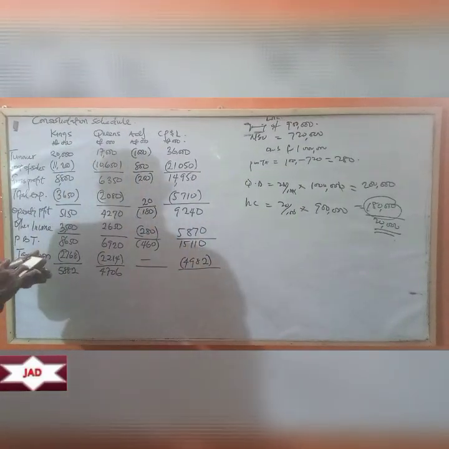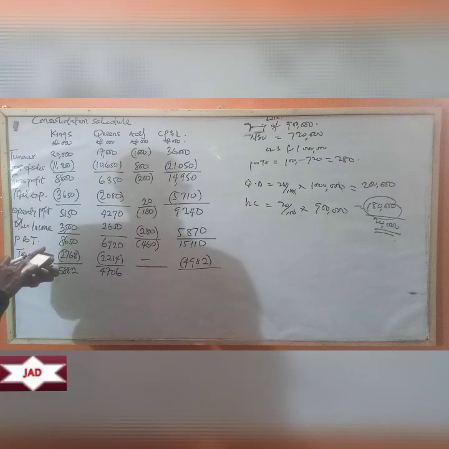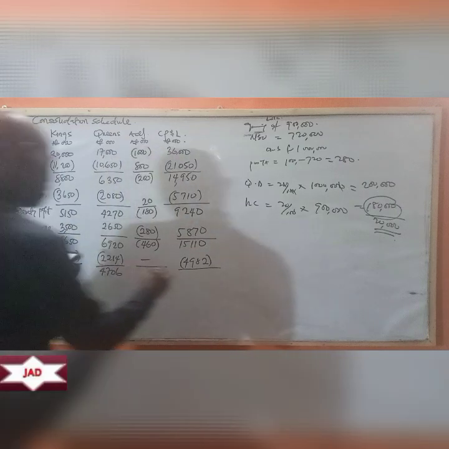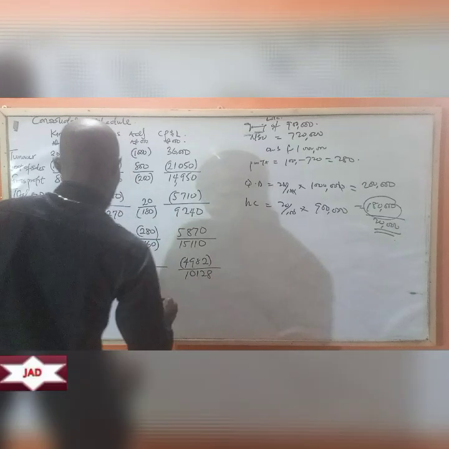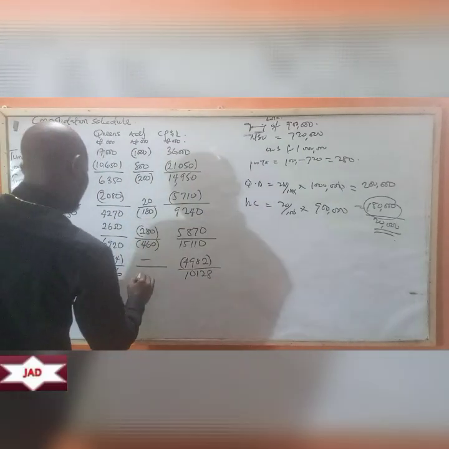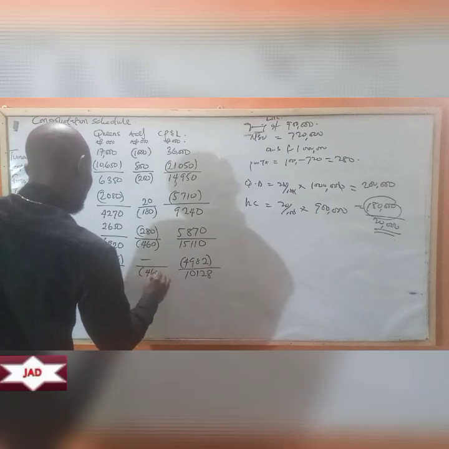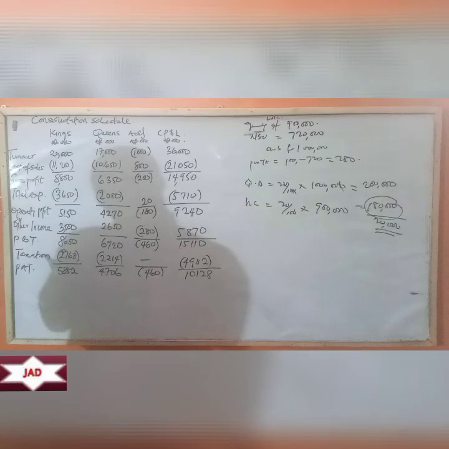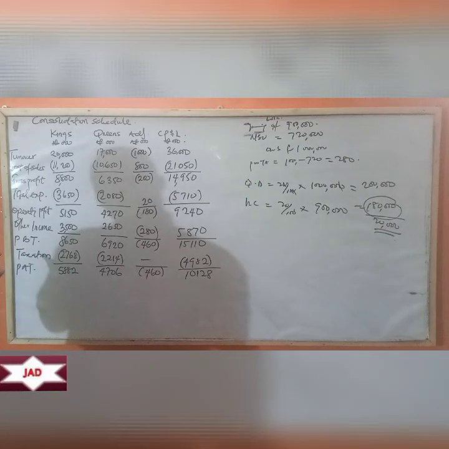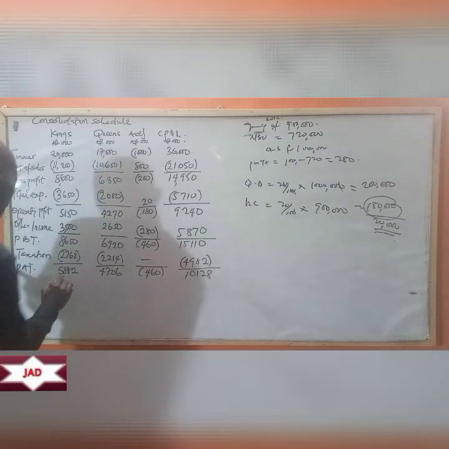This will be 10128. So this will be negative 460. 5882 plus 4706, okay, minus 460, 10128.